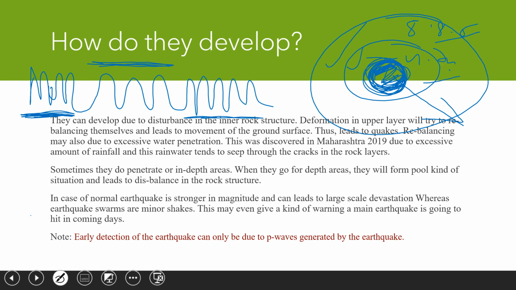The example of the primary wave is the sound wave, and the secondary wave is like water ripples or light waves. So the P waves are longitudinal or compressional waves, and the secondary waves form like water ripples.